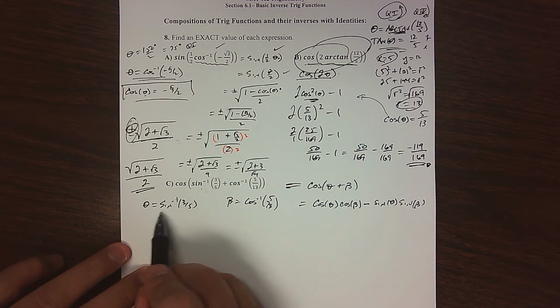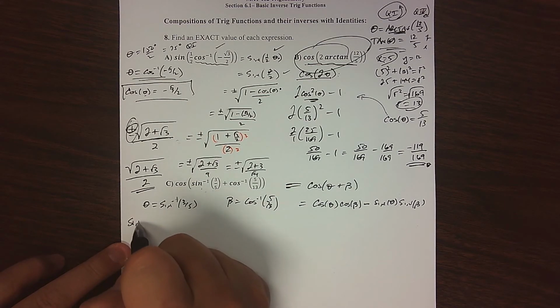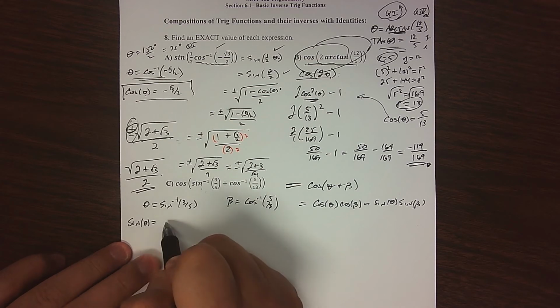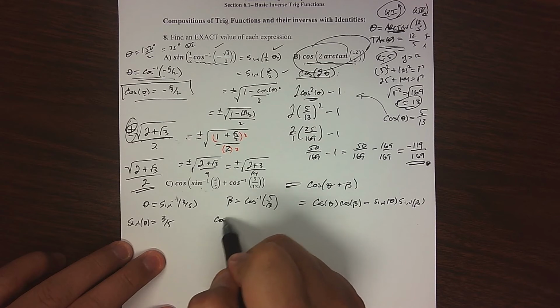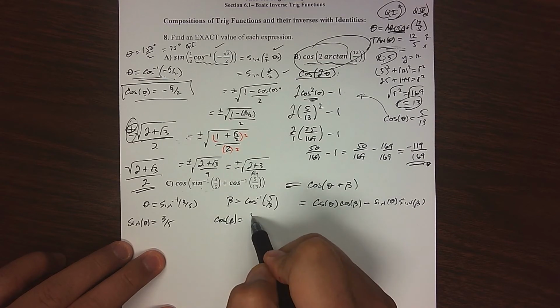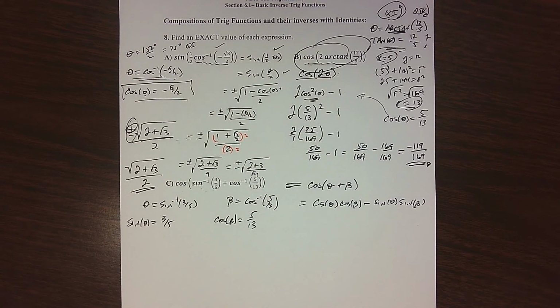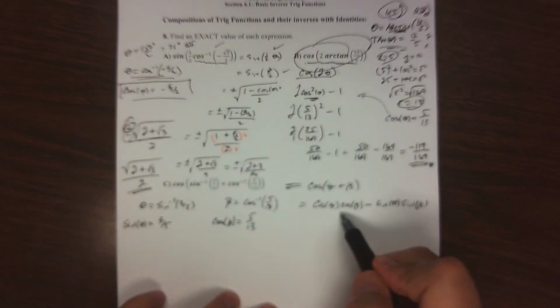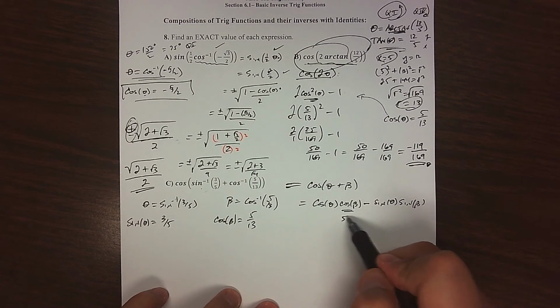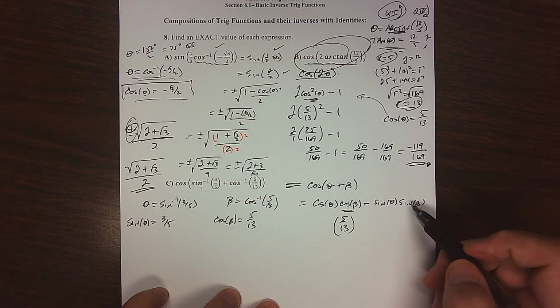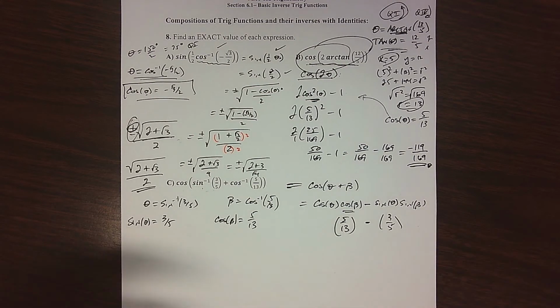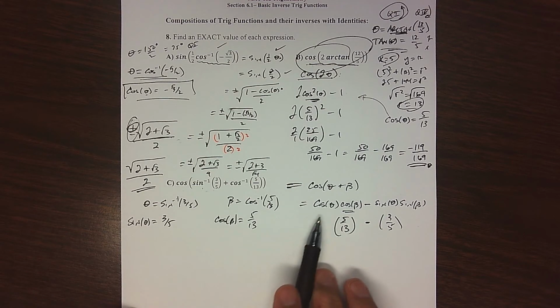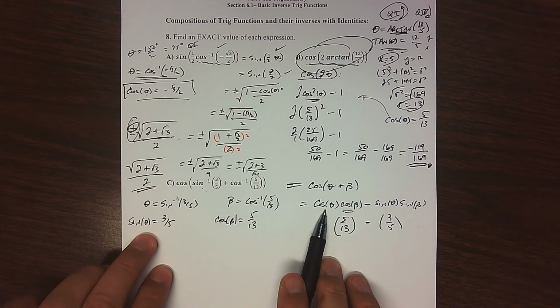Now coming back to what we know about theta, the sine of theta is 3/5, and the cosine of beta is 5/13. That's pretty good to know because this kind of takes us back to the previous chapter, where we just need to find the cosine of theta and the sine of beta based off of what we know.